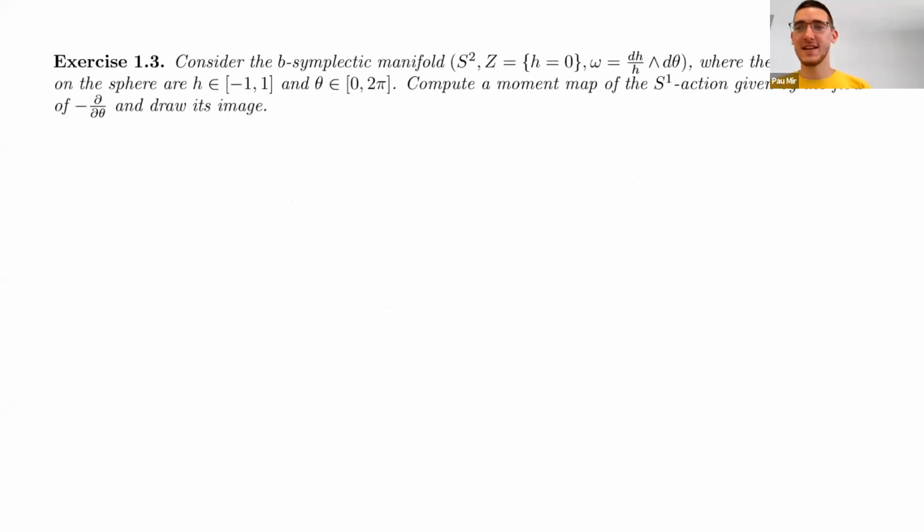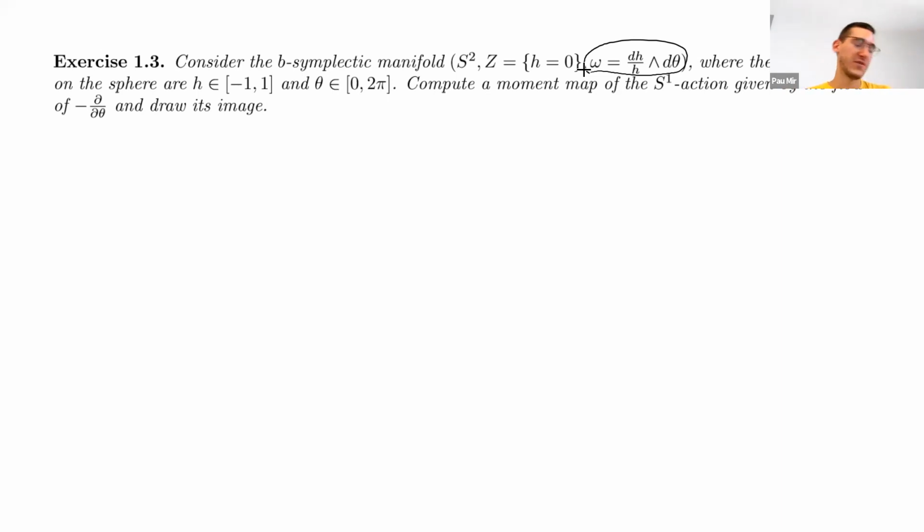And let's try to do number 1.3, in which we ask that in the B-sphere, in the bisymplectic manifold, which is a B-sphere with the singular submanifold as the equator, with this bisymplectic form here, we consider the S1 action of rotations around the z-axis, the vertical axis, to consider the vector field coming from this rotation, and to compute the moment map, and to draw the image of this B moment map.